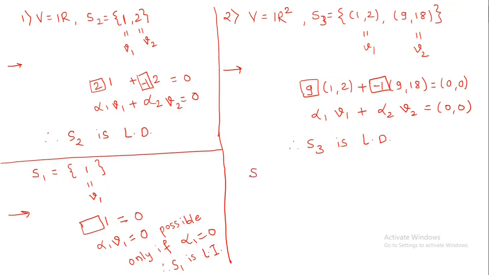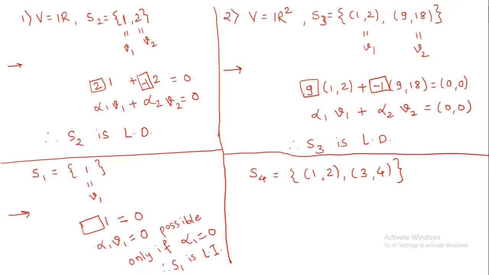Now what about the set S4? Now my set S4 is 1, 2, 3, 4. I will call it V1 and I will call it V2. Again the logic is the same. So 1, 2 plus 3, 4 is equal to 0, 0.